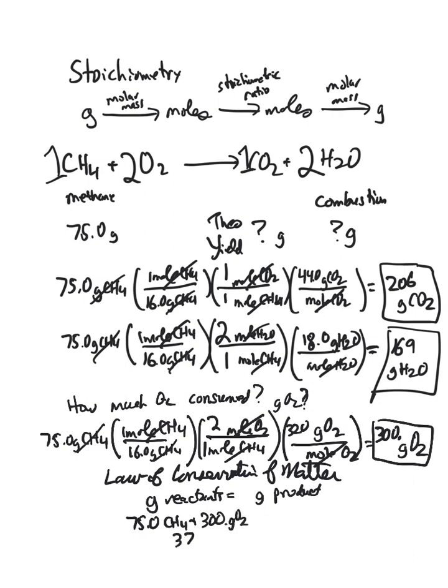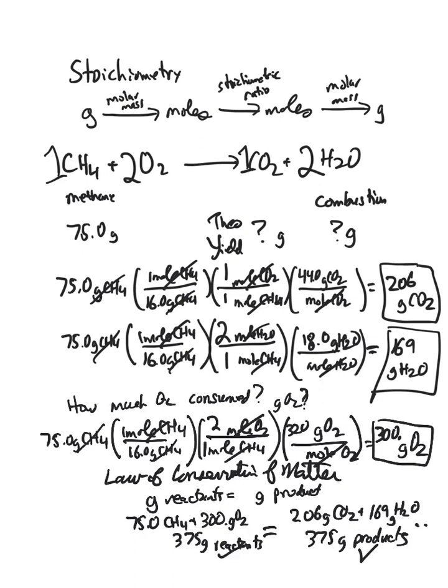That's going to give me 375 grams of reactants. Should equal my grams of product. My products were 206 grams of carbon dioxide and 169 grams of water. So 206 plus 169 gives me 375 grams of products. They check out. Everything balanced out. Hooray.